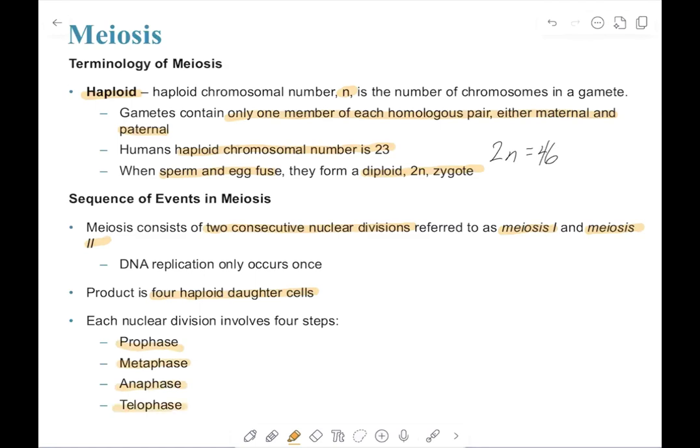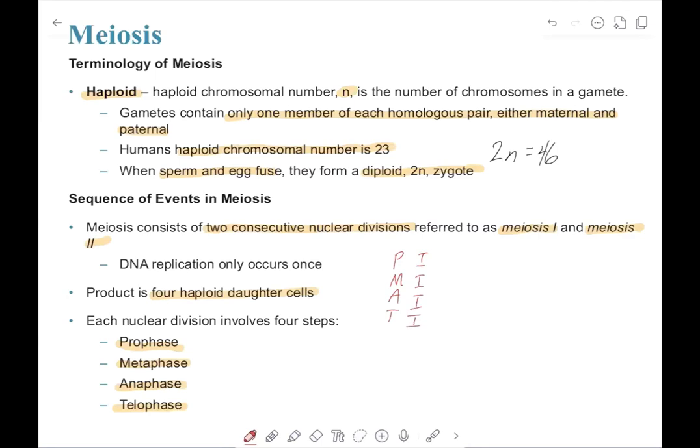You learned the same names for mitosis in A and P1, but now we have 2 stages of this. So we still have the PMAT. To me, it sounds somewhat like a standardized test, like the GRE or the MCAT or the NCLEX. If you remember PMAT, that will help you remember the names of meiosis in order. So there's prophase 1, metaphase 1, anaphase 1, and telophase 1.